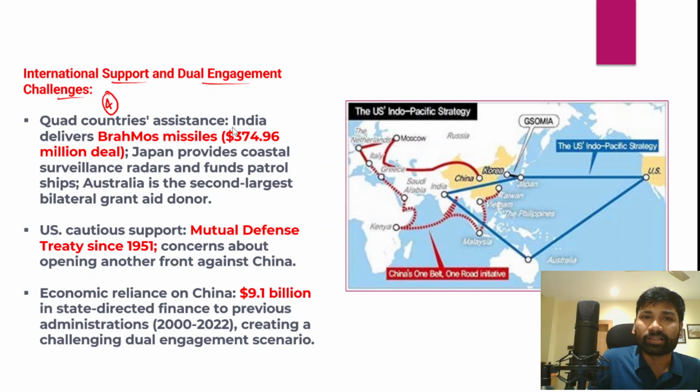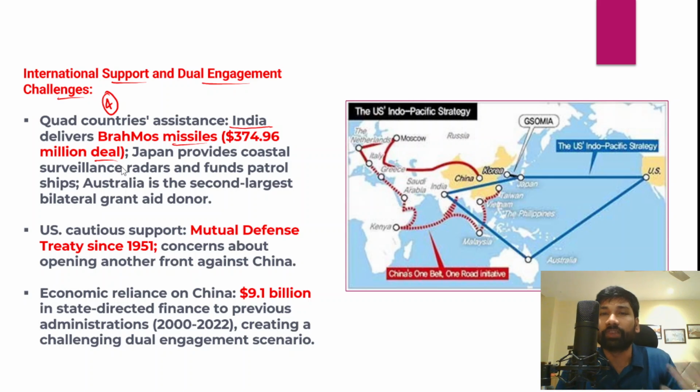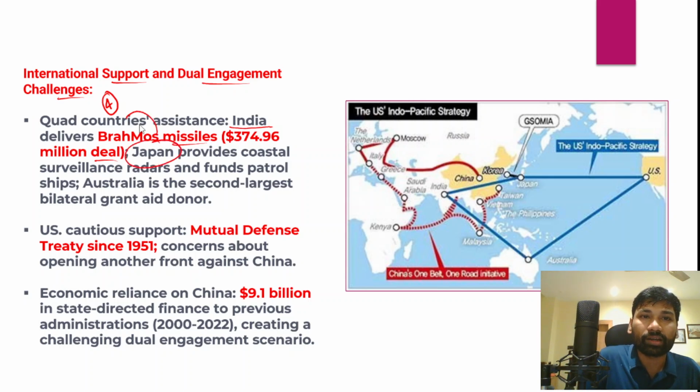India recently delivered BrahMos supersonic missiles worth 374 million to the Philippines. And Japan, which is also a Quad partner, has been providing coastal surveillance radars, funds and patrol ships also. And Australia is the second largest bilateral grant aid donor to the Philippines.